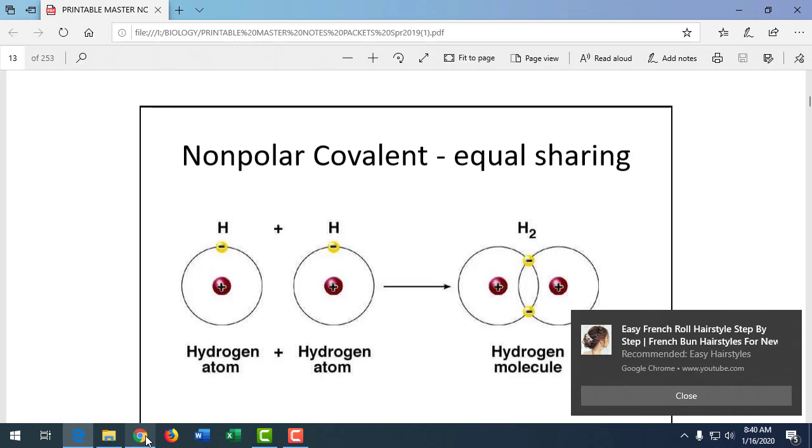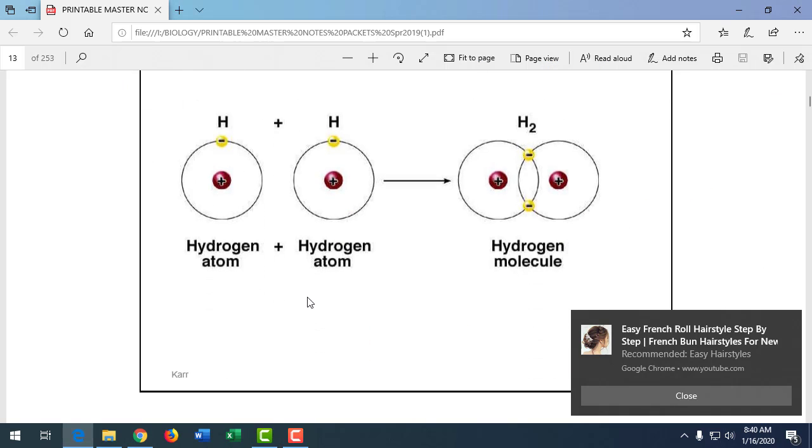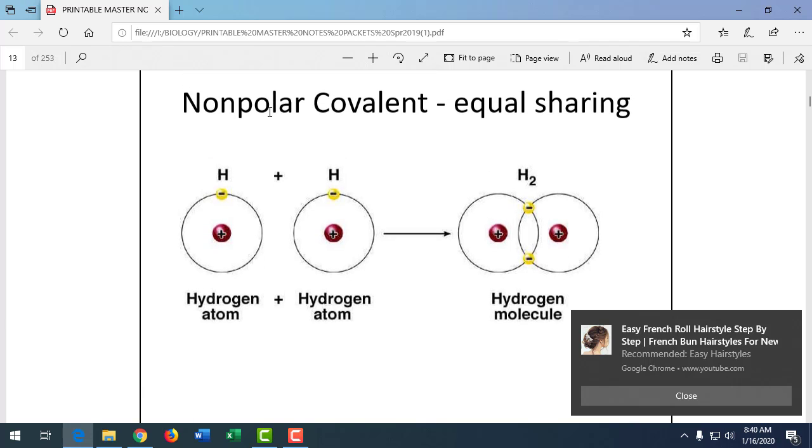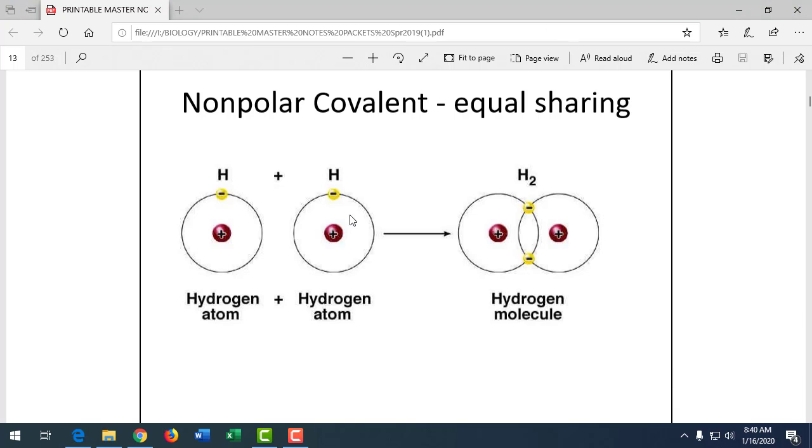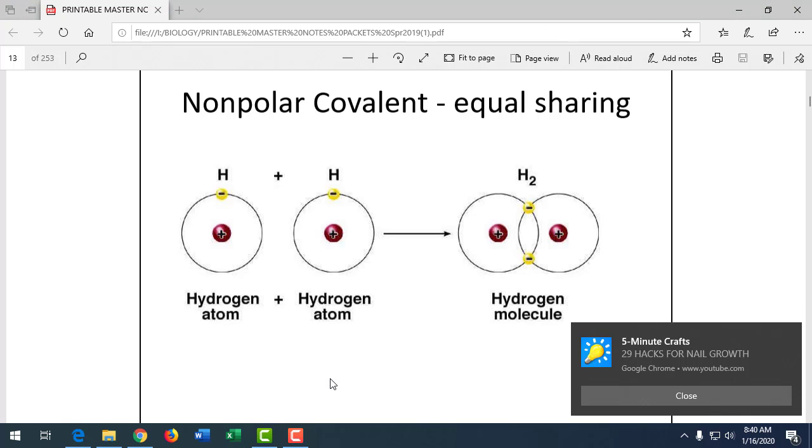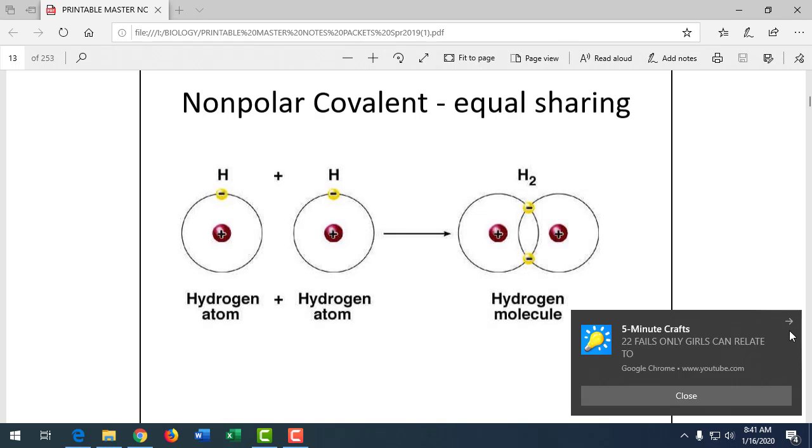Okay, so let's go back. Equal sharing. So what you could write under this nonpolar covalent is 2 nonmetals. Another example, fats are nonpolar covalent.